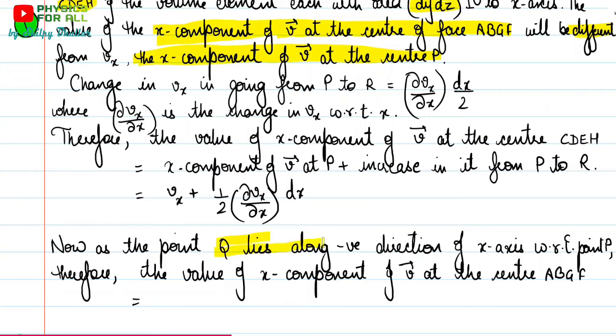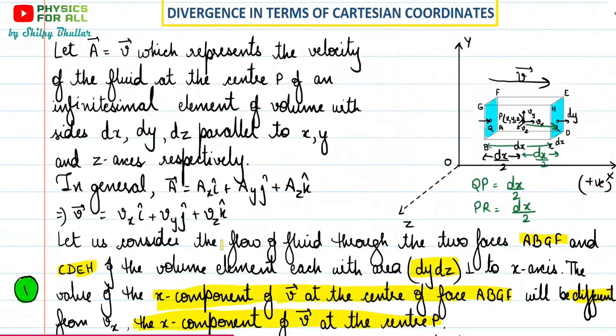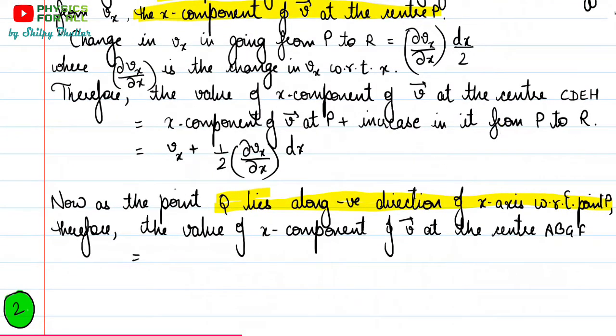Although this point Q is in the positive region, since the origin is here and whatever figure we have drawn is in the positive xy region, because if we go to the left of the origin, then we have negative values. But here we are saying that Q lies along the negative direction of the x-axis with respect to point P.